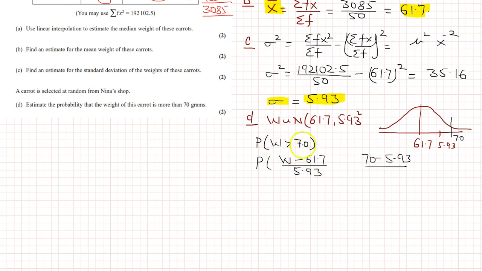We subtract 61.7 from both and divide both by 5.93. It will not change. So Z is greater than this value. If you calculate, it will come 1.4.